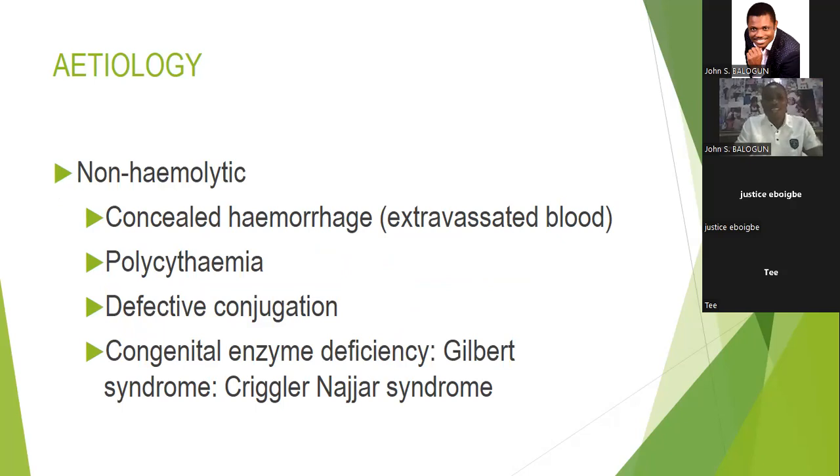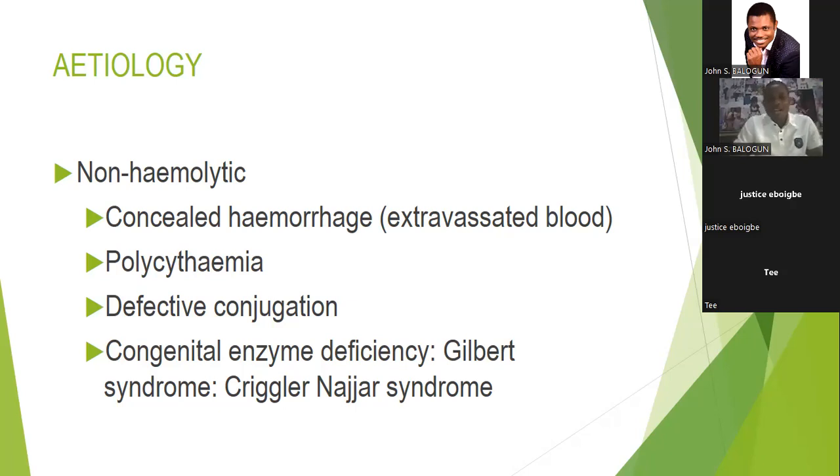As long as blood is extravasated from the intravascular vessel into the interstitium, that blood will have to be mopped up by the cells of the body. So that blood will be broken down, and what happens is that they produce bilirubin, and there will be hyperbilirubinemia.